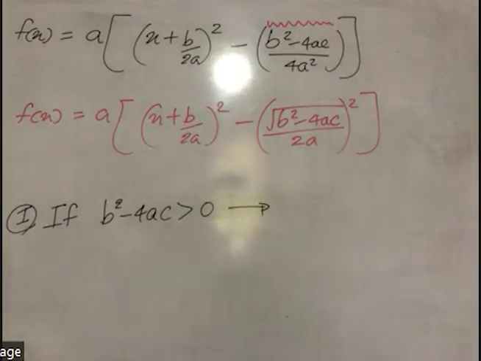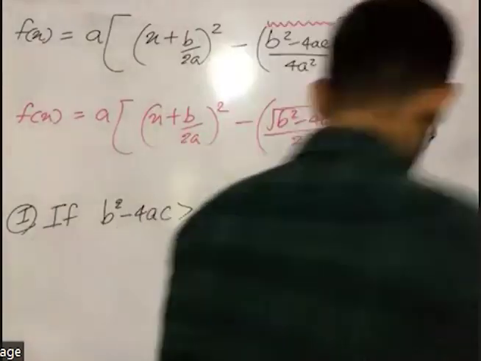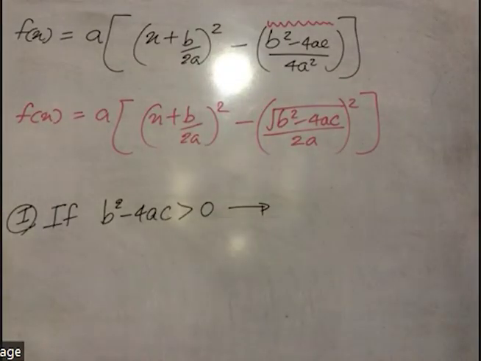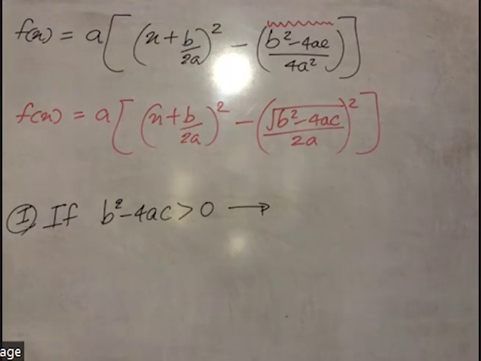Now look at this. If b square minus 4ac is greater than 0, that means inside this square root we will have a positive value.